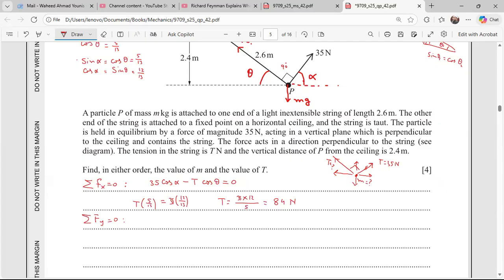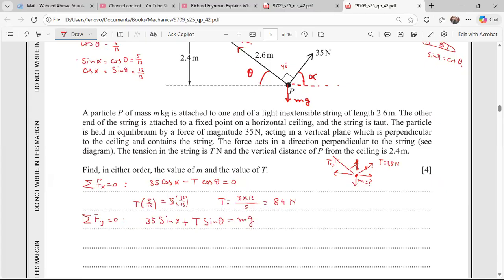So the sum of these two positive forces is going to be 35 sine of alpha, the y component of this 35 Newton force acting vertically upward, plus this T times sine of theta. This is the vertical component of this tension force which we need to calculate. And this must be equal to the downward force, which is M and G.